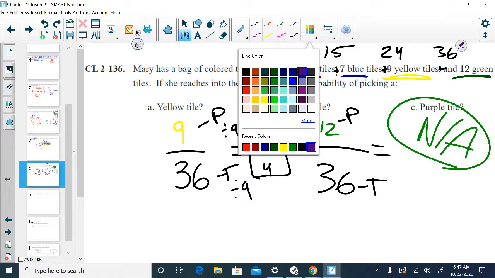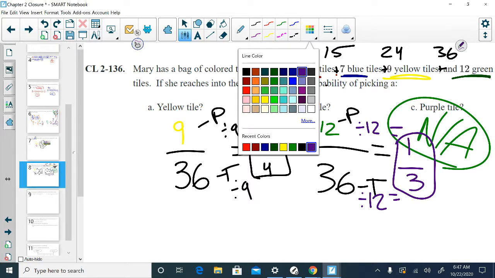Oh yeah, those can both be divided by 2, right? Well, what if I just took 36 and divided it by 12? Maybe that'll work. So what are we going to get here if we do 12 divided by 12 up top and 36 divided by 12? Just get 1/3. Nice. So now we have our probabilities nice and simplified.